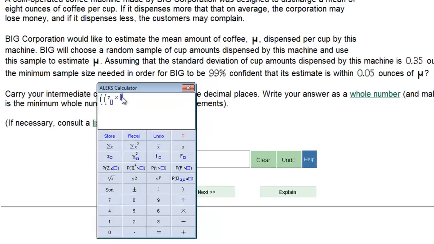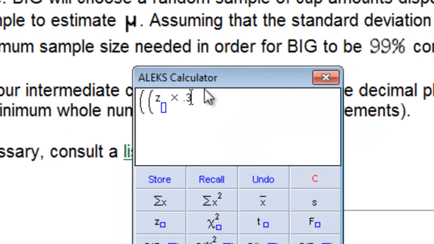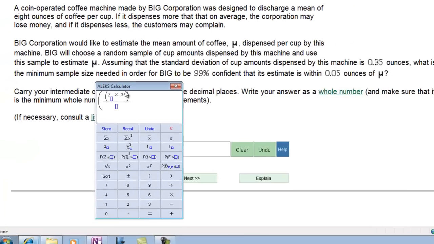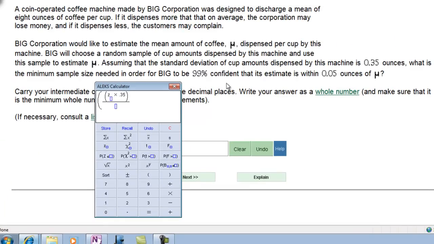So let me put in the 0.35 ounces because that's where that goes. Close the parenthesis. Divided by, assuming the standard deviation is 0.35, what is the minimum sample size needed in order for Big to be 99% confident?